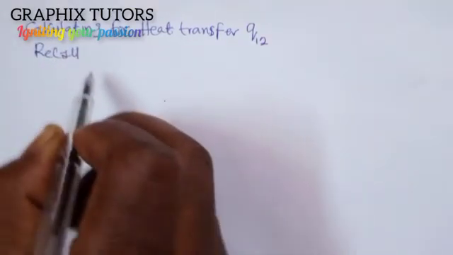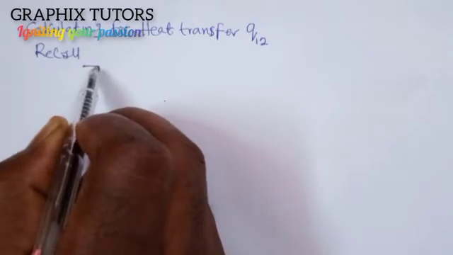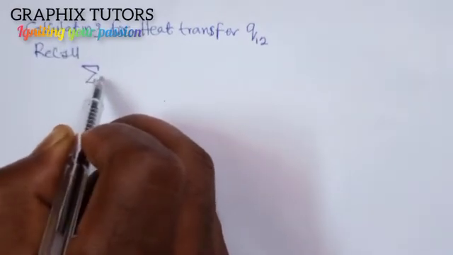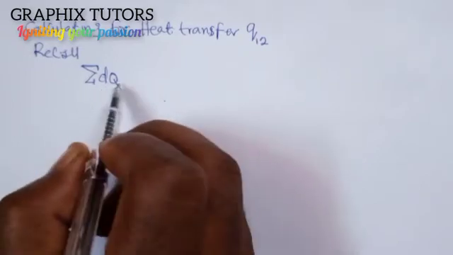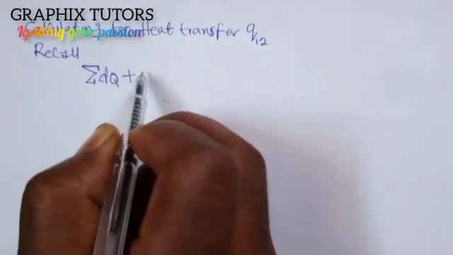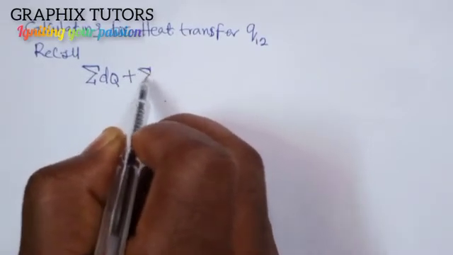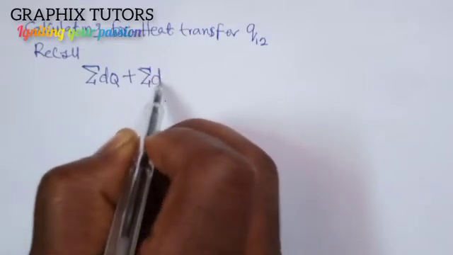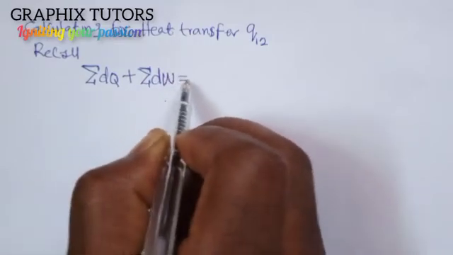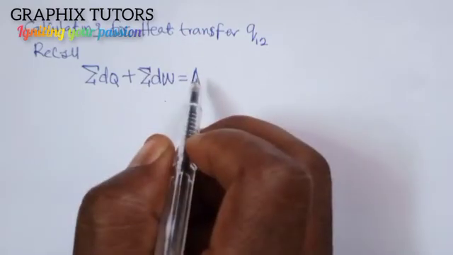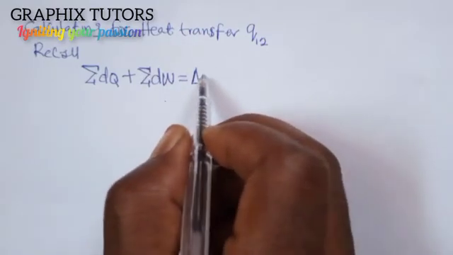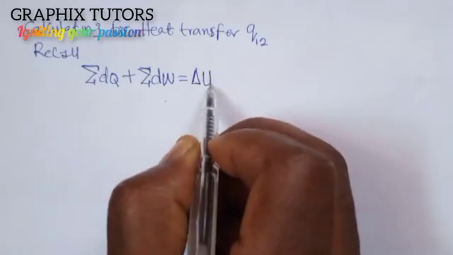Remember that we know the summation of the heat transfer plus the work transfer is equal to the change in stored energy. But the stored energy we are dealing with is the internal energy, so I'll use U here.